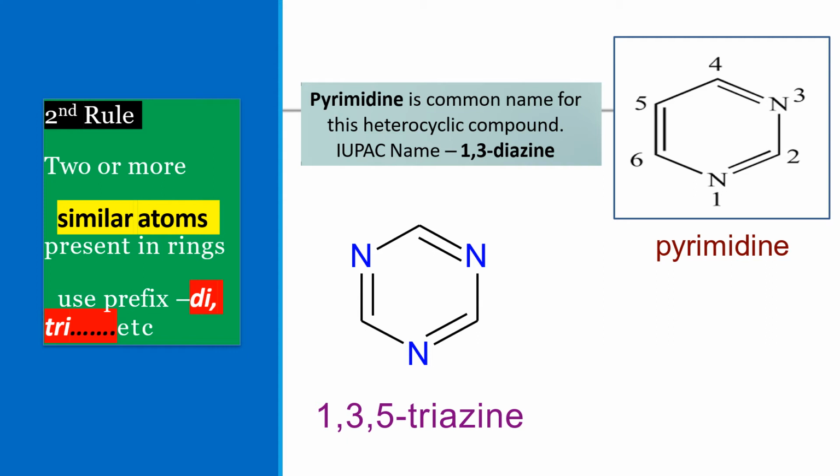Pyrimidine is 1,3-diazine. Understand or not? I repeat once again. 1,3,5 for tri, because 3 heteroatoms are present, hence we use tri here. In pyrimidine only 2 nitrogen atoms are present, means 2 similar heteroatoms are present, that's why we use di, that is 1,3-diazine.